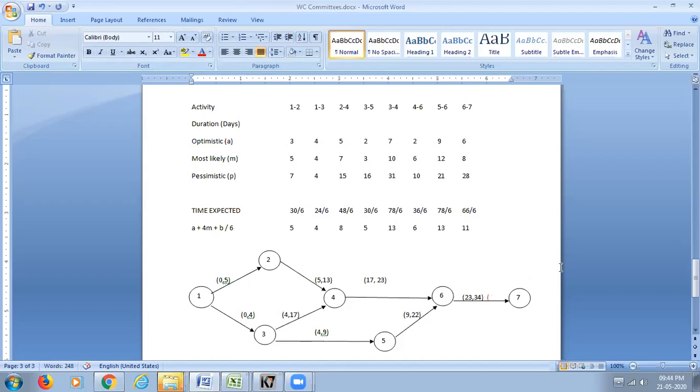The ending time is 34, finishing time is 34. So what we will have to do is go back, starting with the finishing time, which is 34.